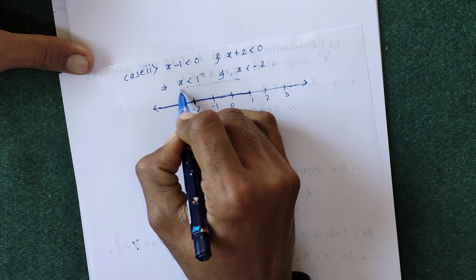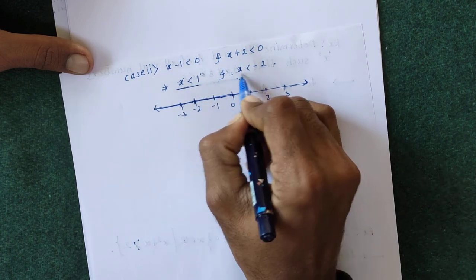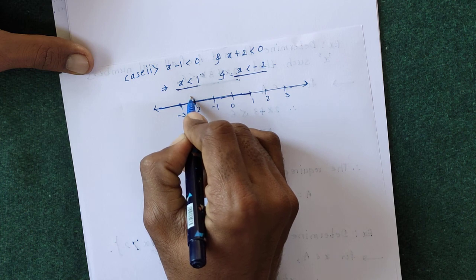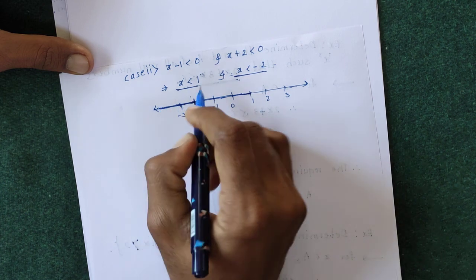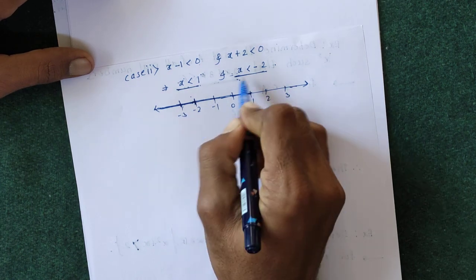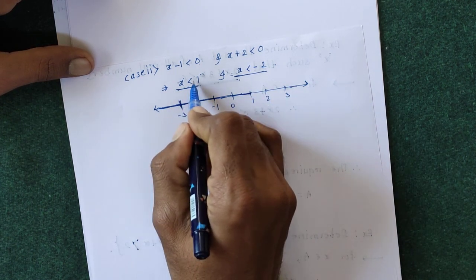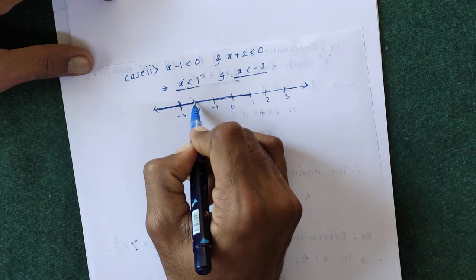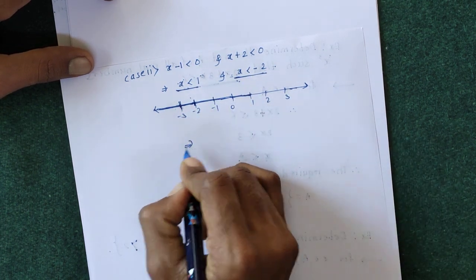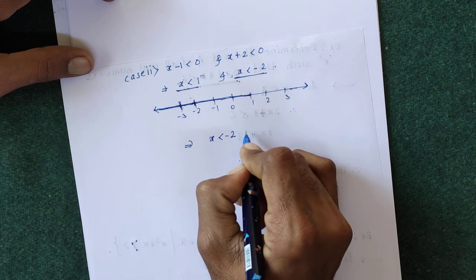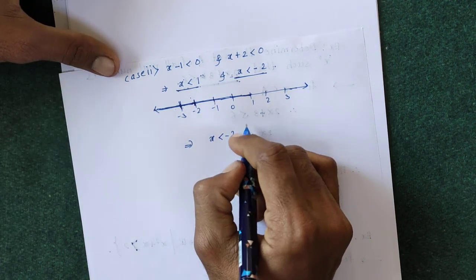But we need the numbers which are less than 1 as well as less than minus 2. Here minus 3 is less than minus 2, yes. Similarly, minus 3 is less than 1, yes. So the numbers which are less than minus 2 satisfy both the conditions. So x less than minus 2 satisfies both the conditions.